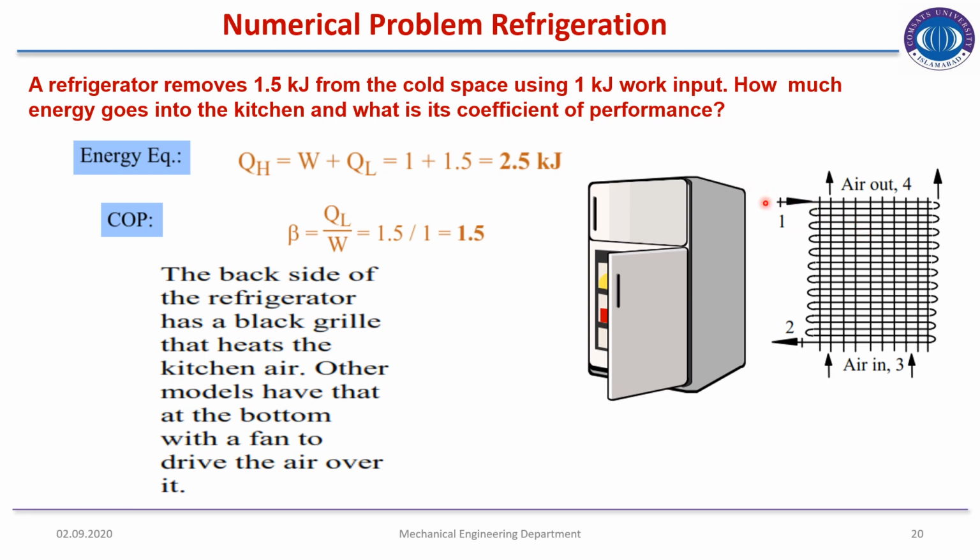It will compress, and by increasing the pressure, temperature will also increase. So this grill will work as a heat exchanger. As air moves naturally or forced, convection will occur and the temperature of the refrigerant flowing through these pipes will reduce significantly.